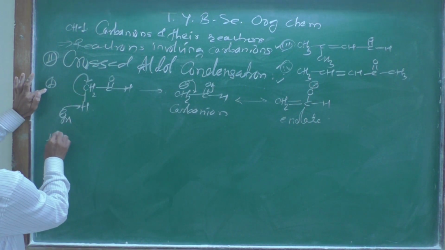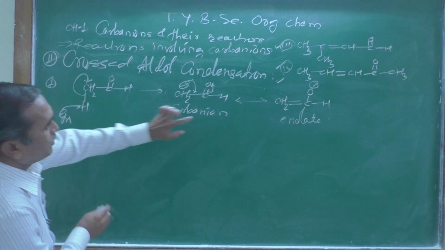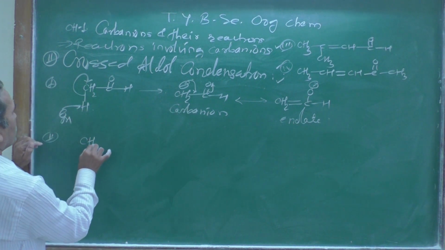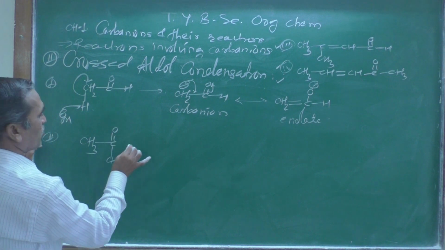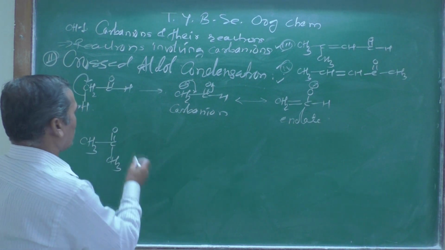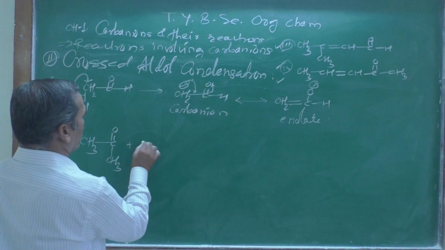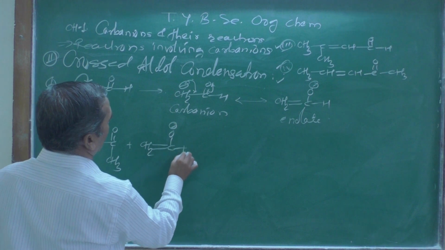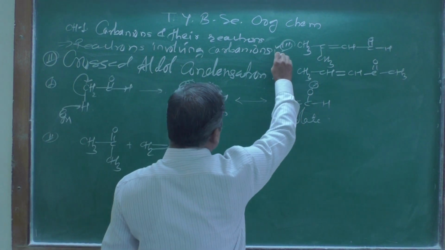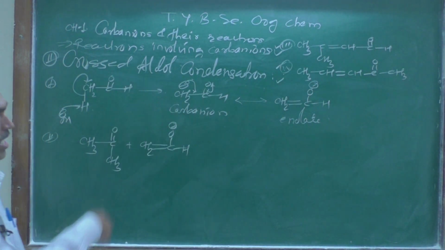In the second step, what we are going to use here is acetone. For the sake of convenience, we are writing C double bond O and CH3 over here, so that we can see the mechanism clearly. Then CH2 double bond CO minus and the H, because we are trying to derive that product.